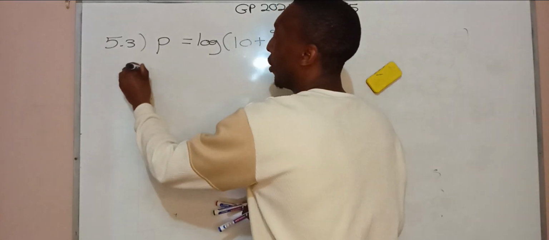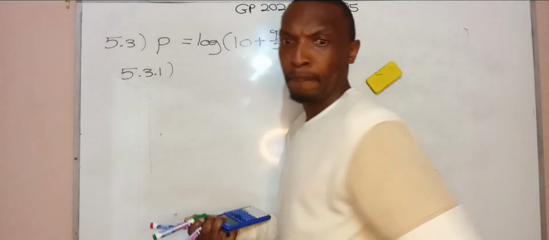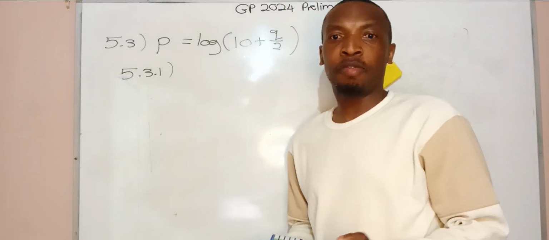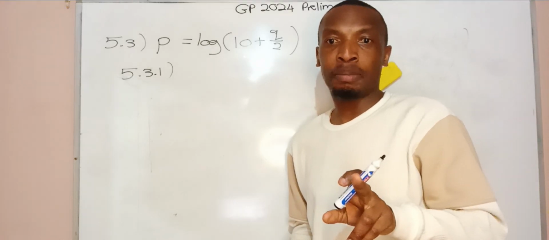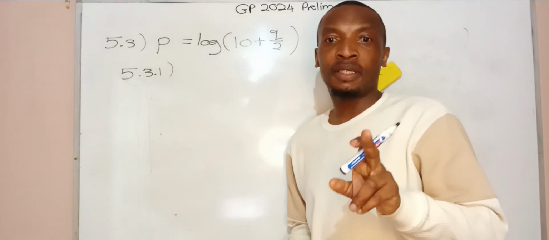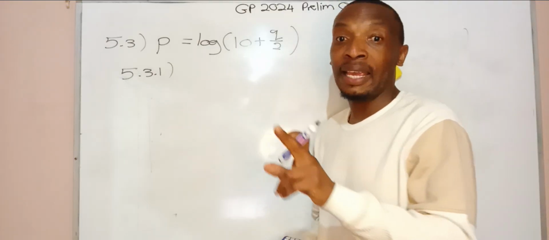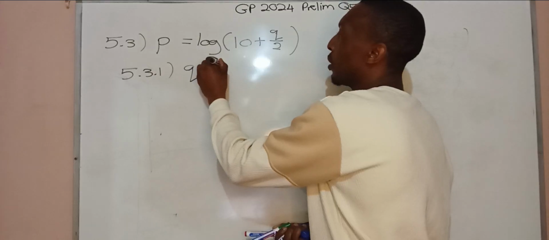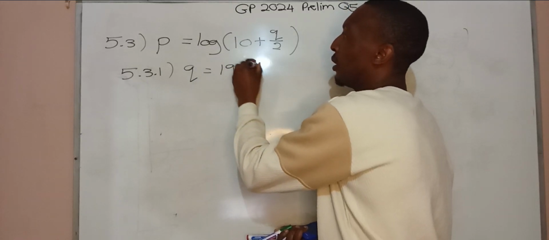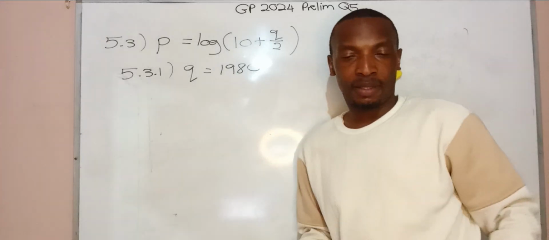All right, 5.3.1: calculate the value of P and the total price of the consignment when the consignment is 1,980 items. So if my Q is equal to 1,980, what is the price?